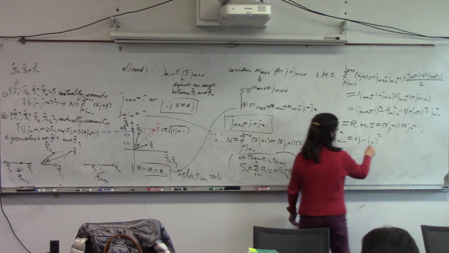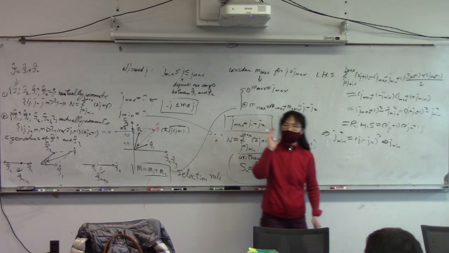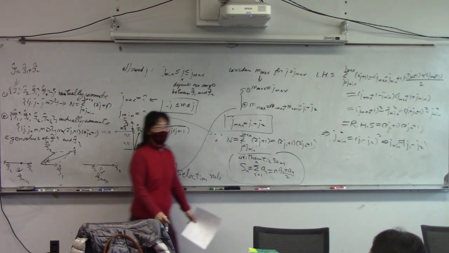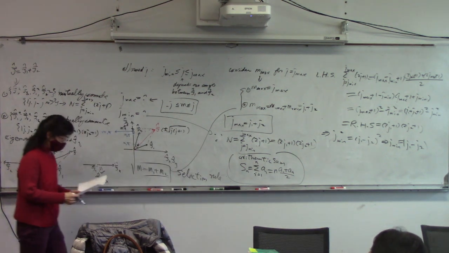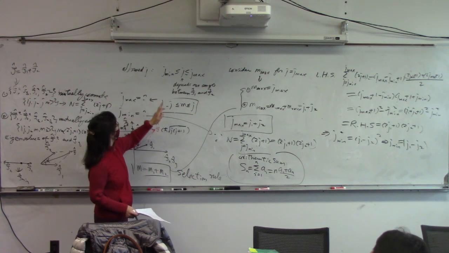So j minimum, since j has to be a positive value, we only take the absolute value of this difference. That is j minimum. Now we have answered this question.